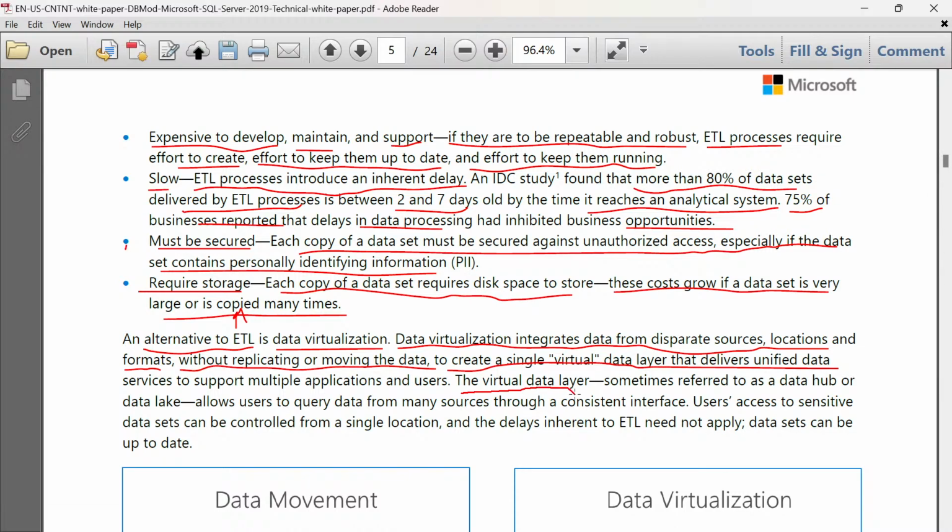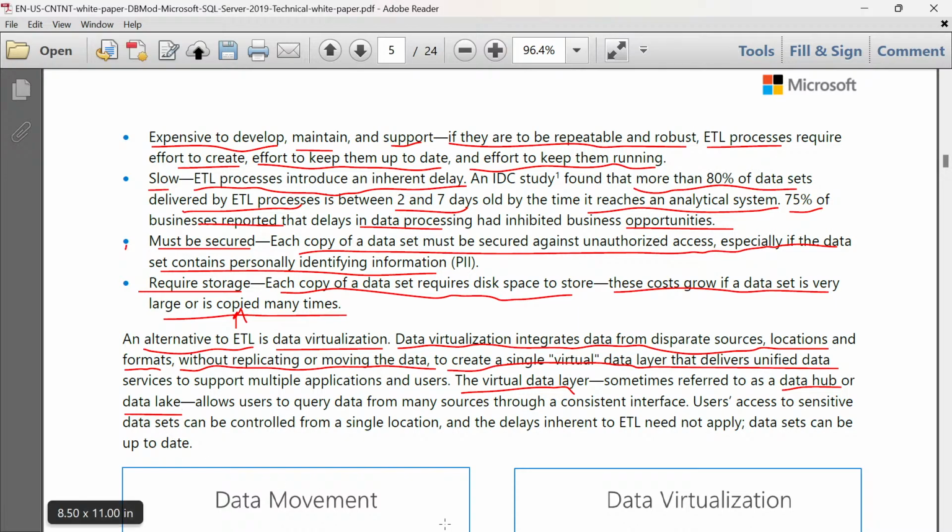Then we have the virtual data layer. What is a virtual data layer? The data hub or data lake. Now these terms have evolved. Prior to the introduction of database systems like SQL Server 2005, we termed all these things as domain of values, pool of values.